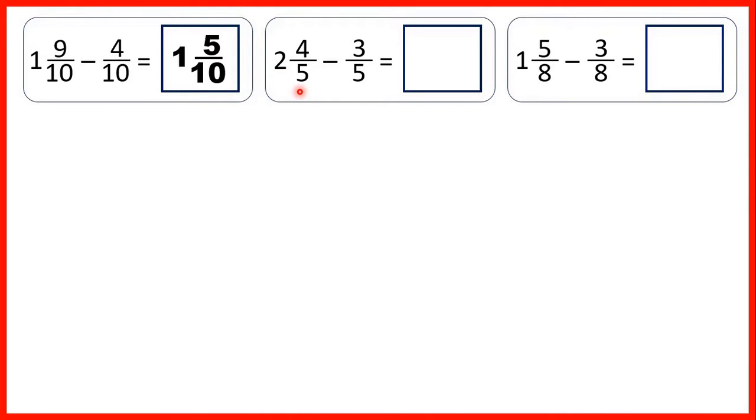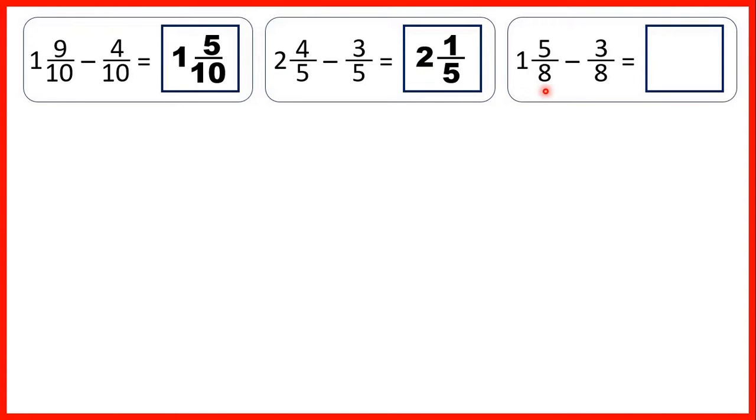Next, 2 and 4 fifths minus 3 fifths. If we subtract 3 fifths from 4 fifths, we get 1 fifth as our fraction, because the denominator stays the same, 4 minus 3 is 1. But again, here we started with 2 wholes. We weren't subtracting any wholes, so we still have those 2 wholes in our answer.